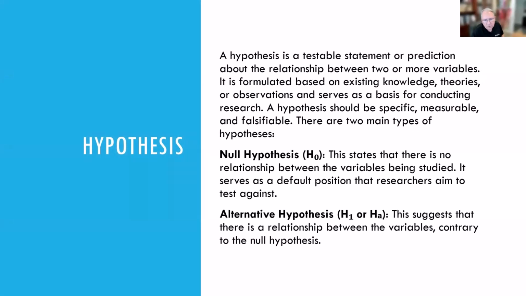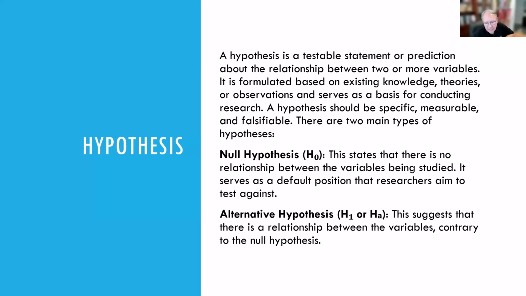Related to the research question is the hypothesis. So a hypothesis is a testable statement or prediction about the relationship between two or more variables, and it's formulated based on the existing knowledge, theories, and observations. So a hypothesis also needs to be specific, measurable, and falsifiable. In other words, testable.